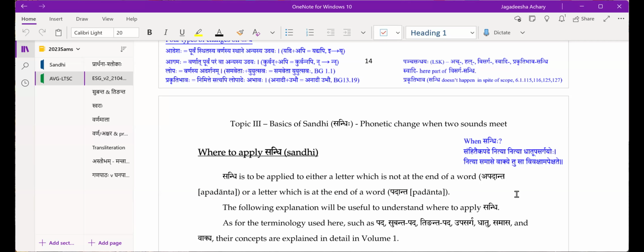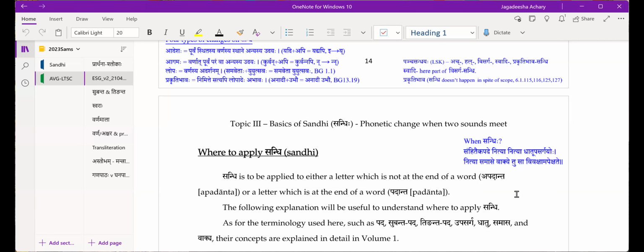The next one is nitya samase. When there is a compound word, samasa. Samasa, we briefly mentioned, is the joining of two nouns meaningfully. The meanings are combined. So the combined word has a little different meaning than the individual contributors. In the case of sandhi, the meaning doesn't change. The individual words retain their separate meanings.